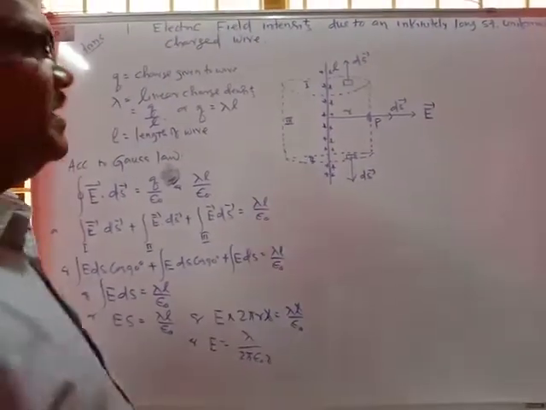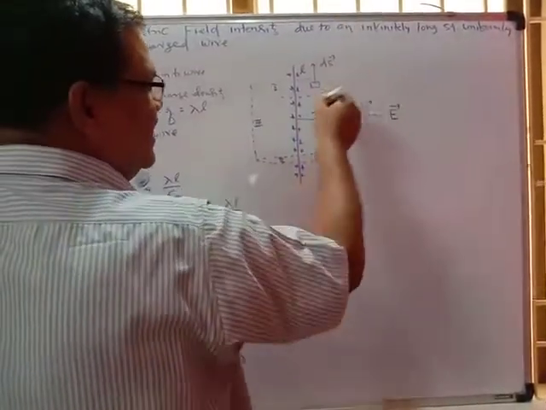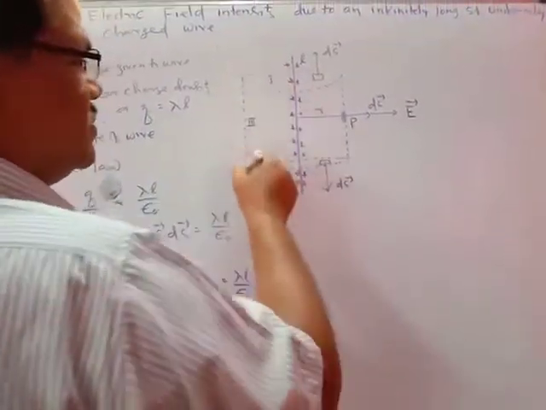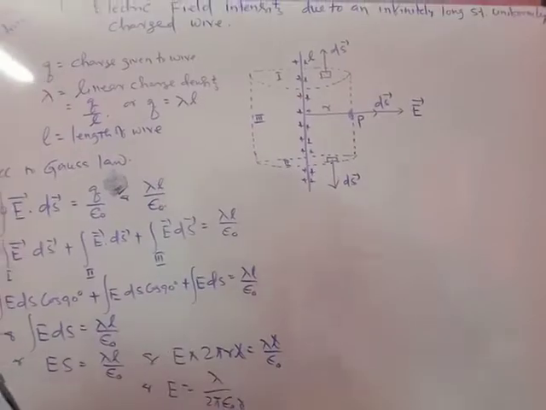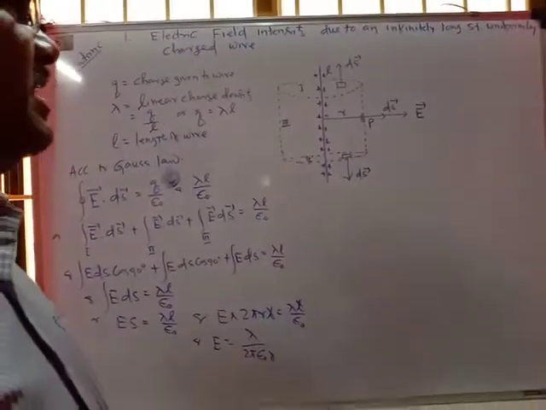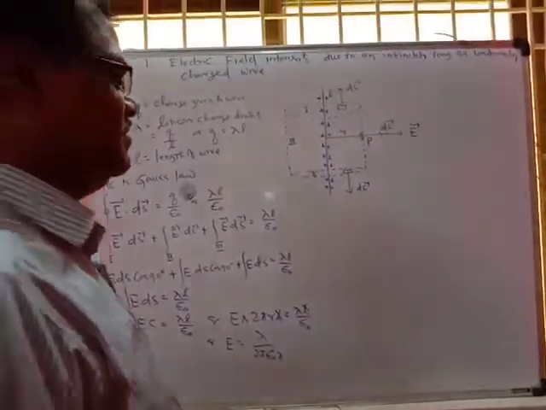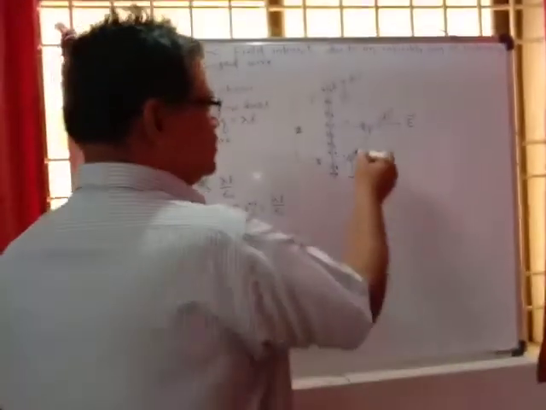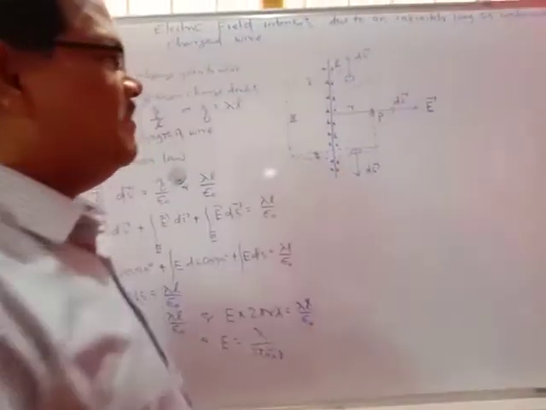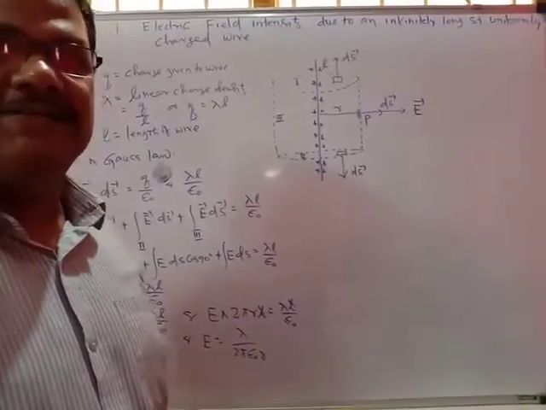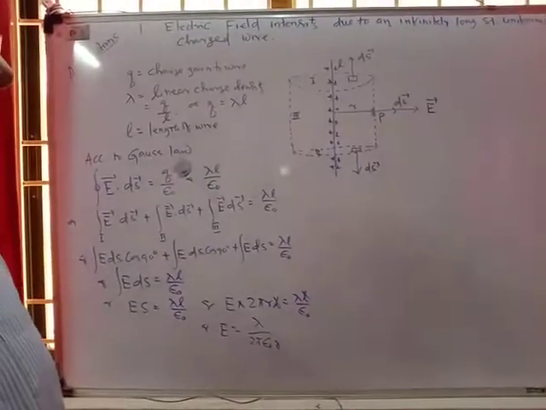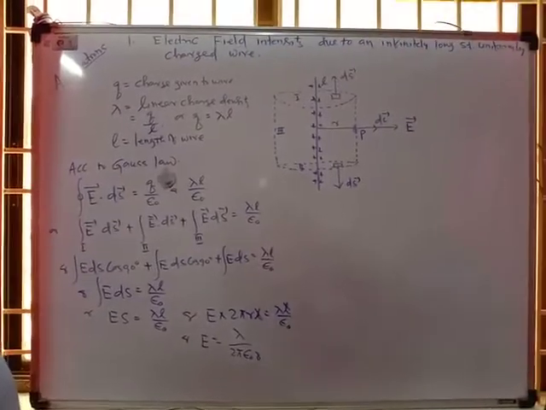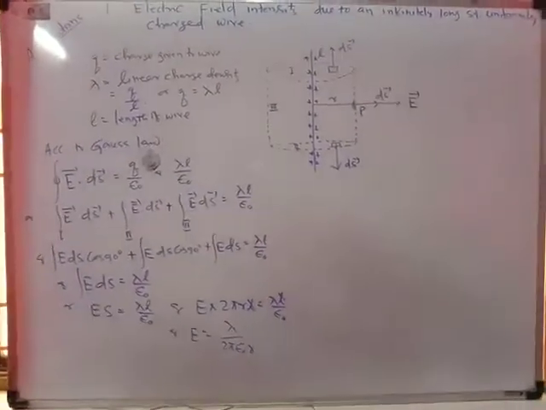So at every point you can get the electric field intensities, along this side and along this side also. Our target is to find the electric field intensity at any point due to the uniformly charged long straight conductor. Let P be a point at a distance r from the charged conductor, where we want to find the electric field intensity.